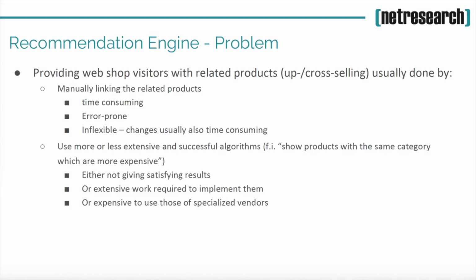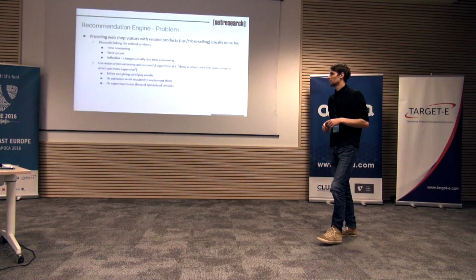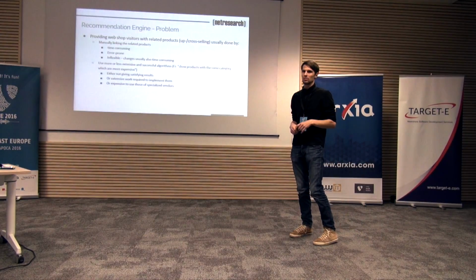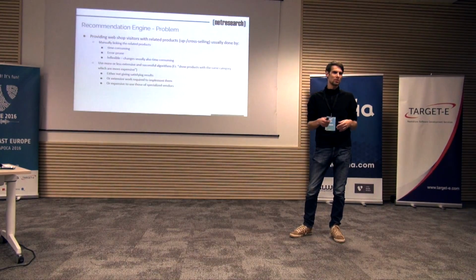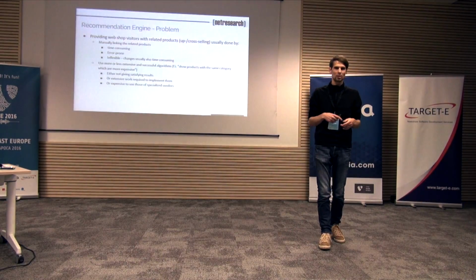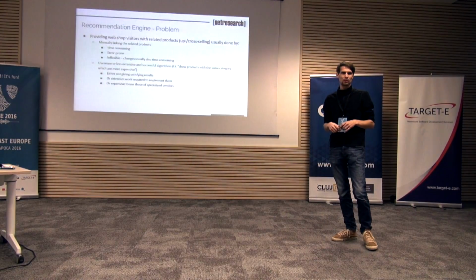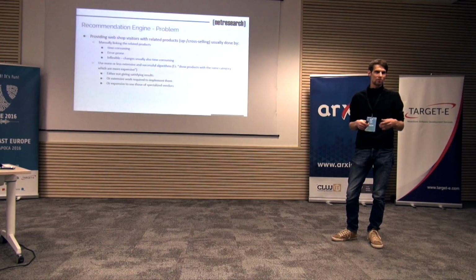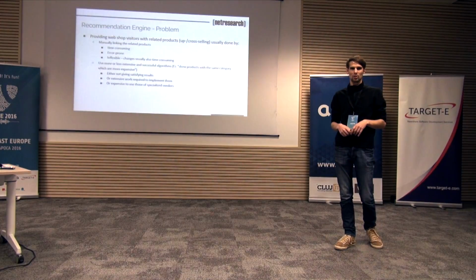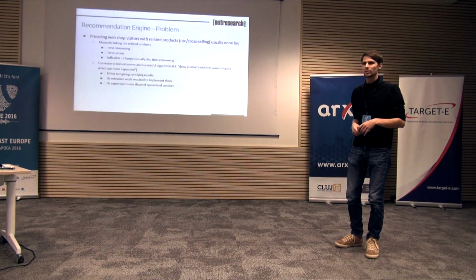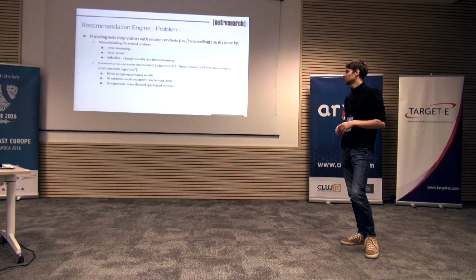You have to manage this information somewhere, either manually, so someone has to sit down and take one product and link it with other suitable products and so on, which is really time consuming, and also changes on this are very hard because you have to go through all the products and do the change.